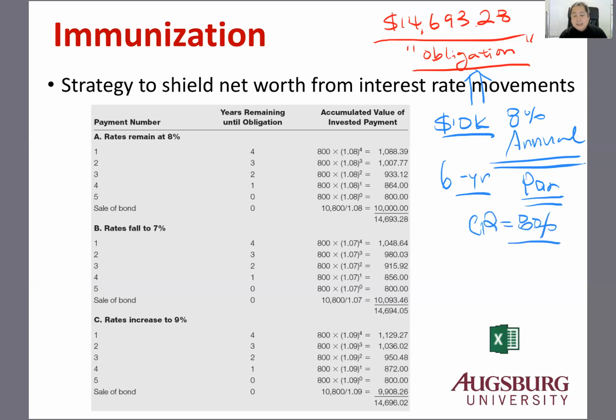Now let's see the cash flow after 5 years.